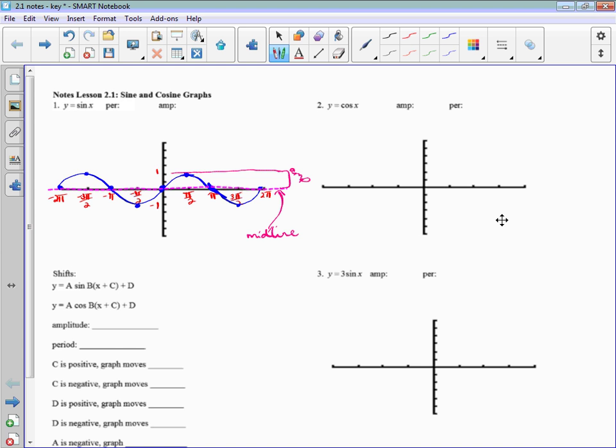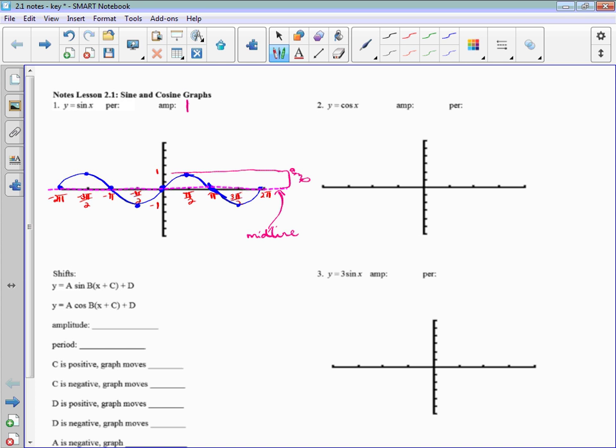So what do you think it is for the parent graph here? Just 1, the amplitude of 1. Amp, or midline, which okay, we still need the period.